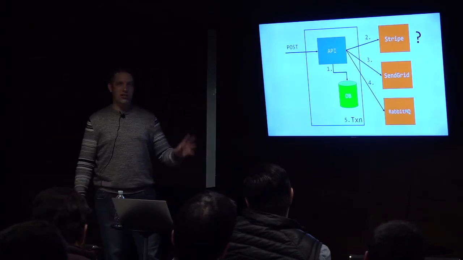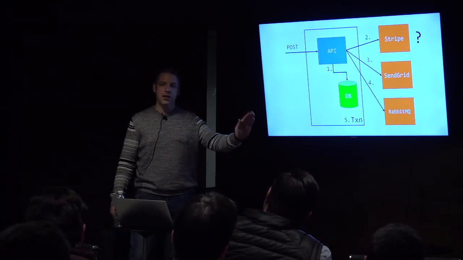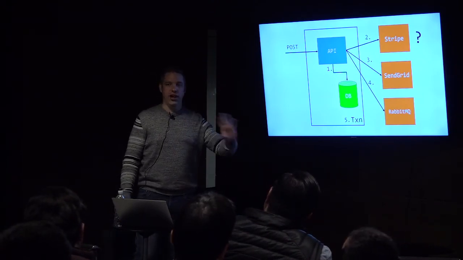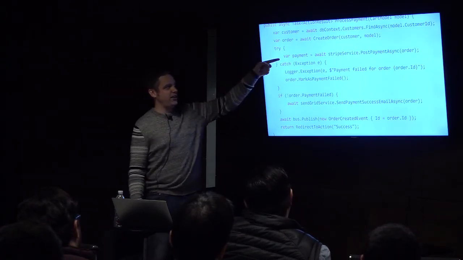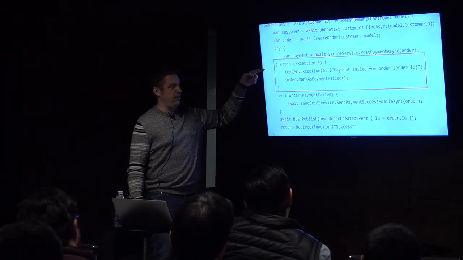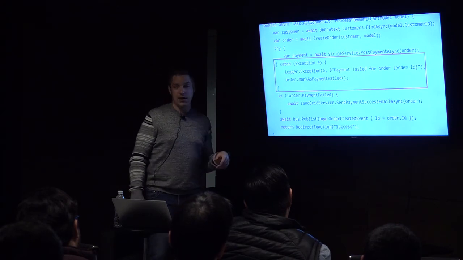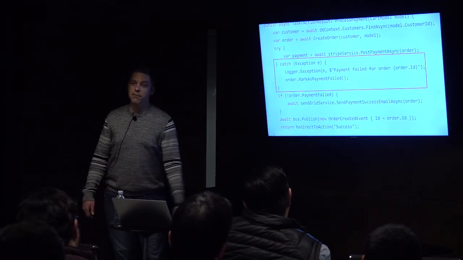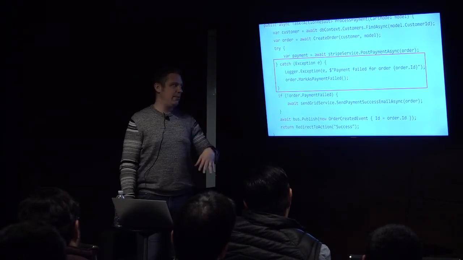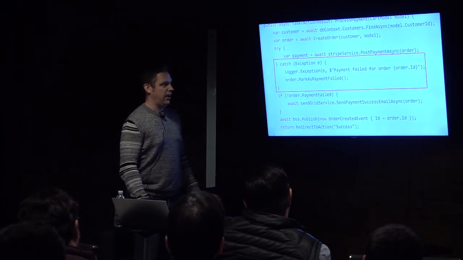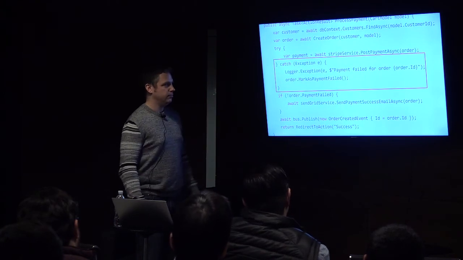So they said, we actually want to try to take their money, but if that fails, we'll just flag the order. It looks something like this: they would try to take your money, but if that failed, they would just mark the payment as failed on the order, and then some back-end process would go look to see what are the orders with failed payments, and try to make the payment go through.